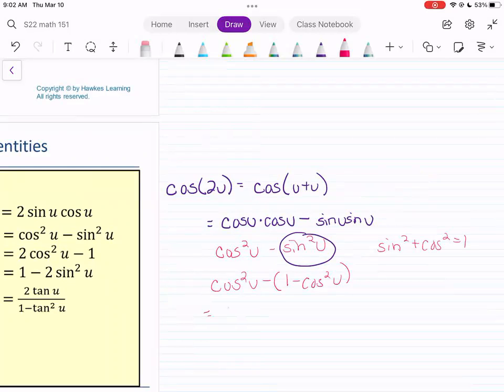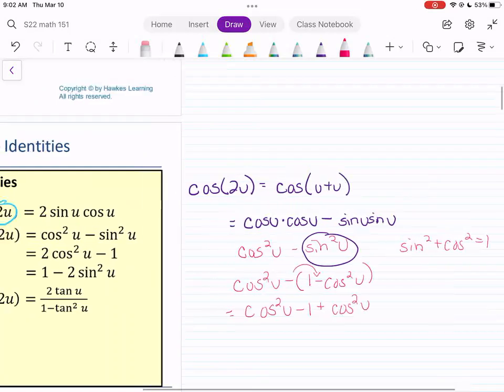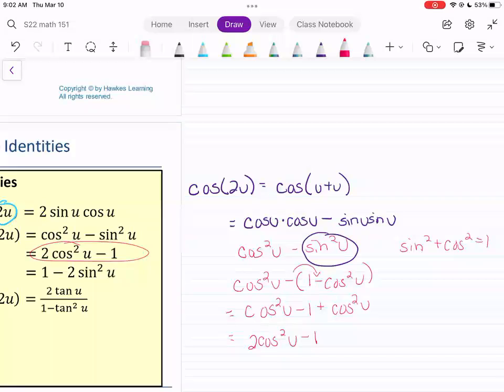Then we can reduce that to cosine squared of u minus 1, and when we distribute, plus cosine squared of u, which gives us 2 cosine squared of u minus 1, which matches here. So we can see all these different ways to represent the cosine of 2u.